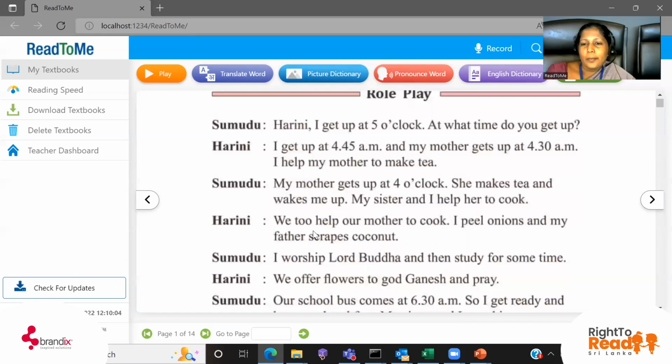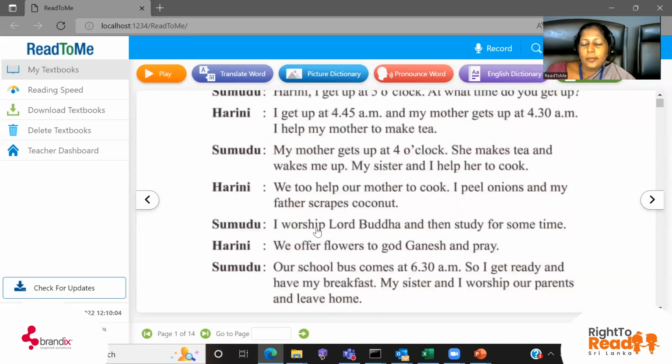My mother gets up at 4 o'clock. She makes tea and wakes me up. My sister and I help her to cook. We too help our mother to cook. I peel onions and my father scrapes coconut. Can you imagine?